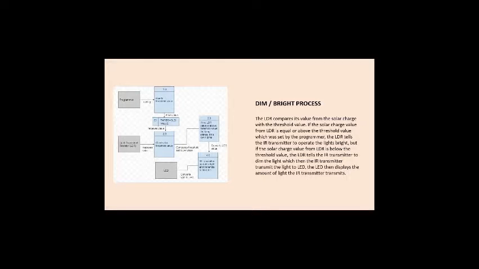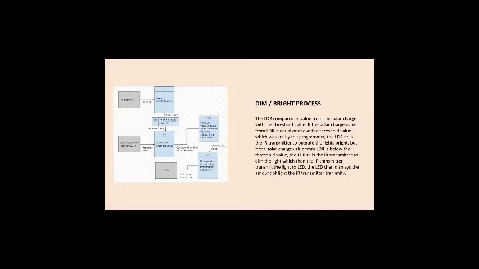The next one is the dim and bright process. The LDR compares its value from the solar charge, which comes from the sunlight, with the threshold value inserted by the programmer. If the solar charge value from the LDR is equal to or above the threshold value, then the LDR tells the IR transmitter to operate the lights brighter.